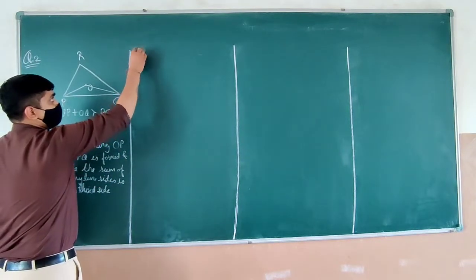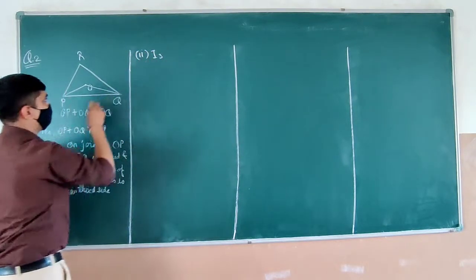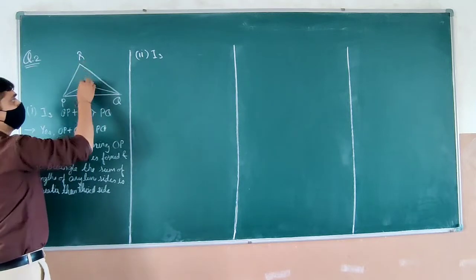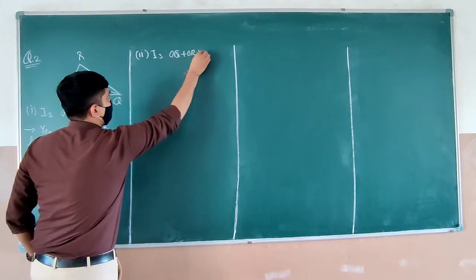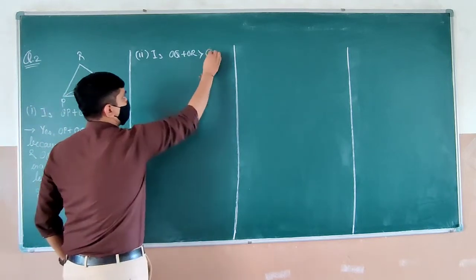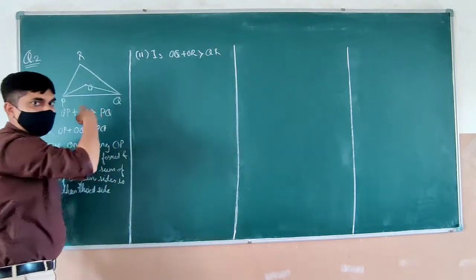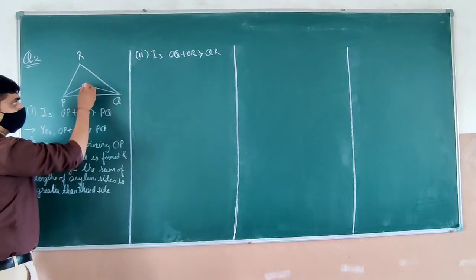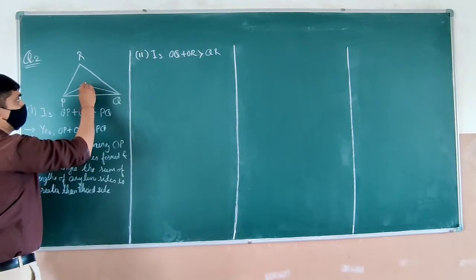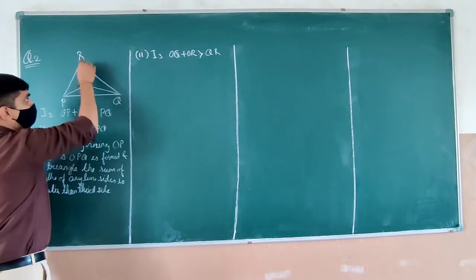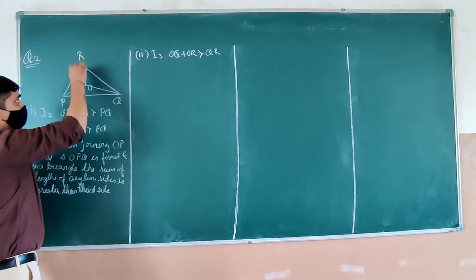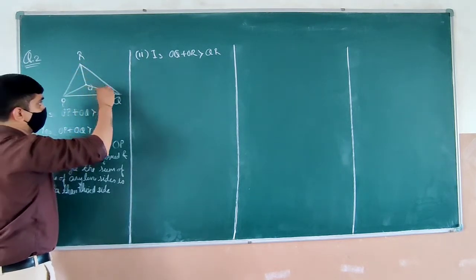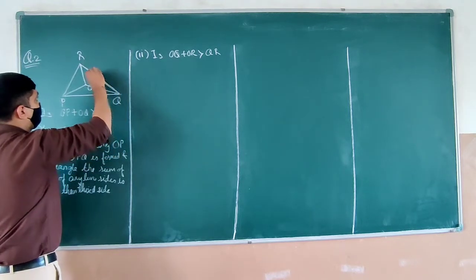Second part. What it says is OQ plus OR greater than QR. Let us see in this diagram. See properly. Which triangle is forming? Triangle OQR, right?